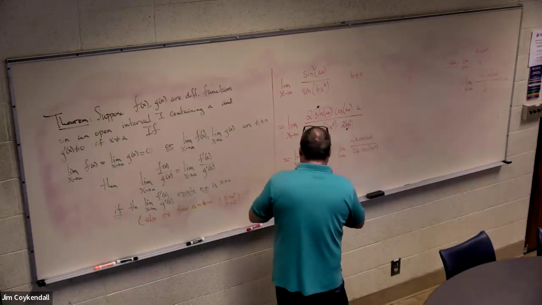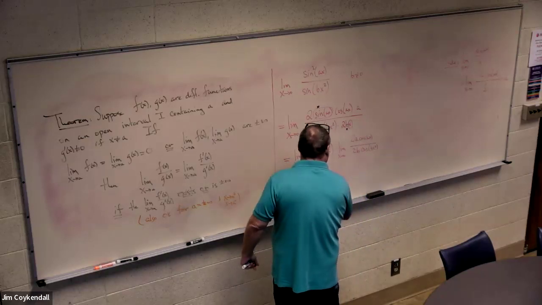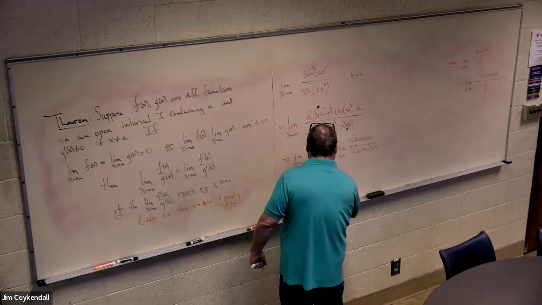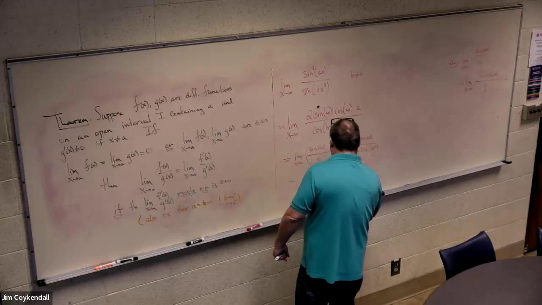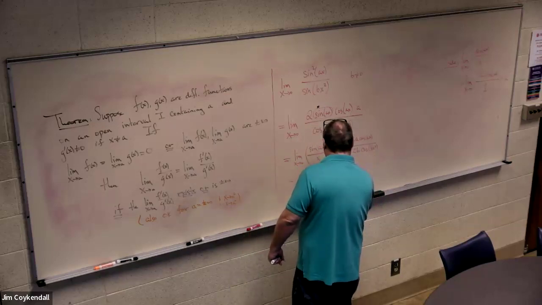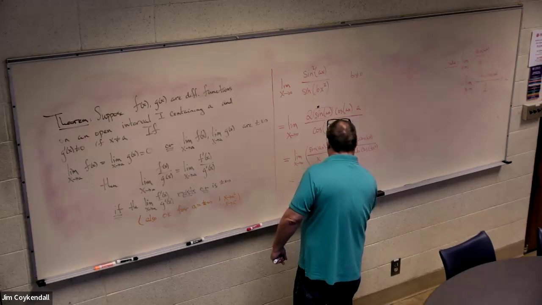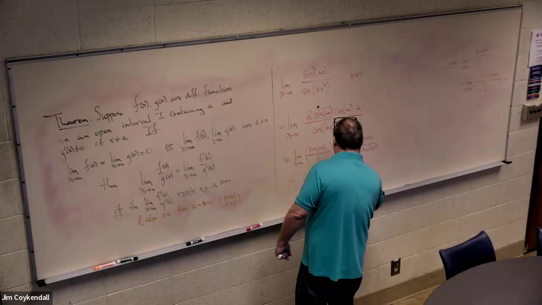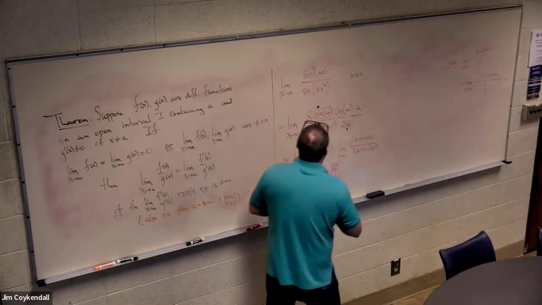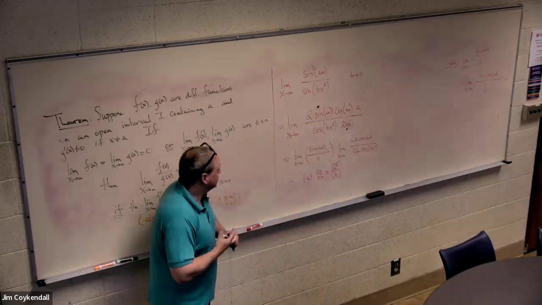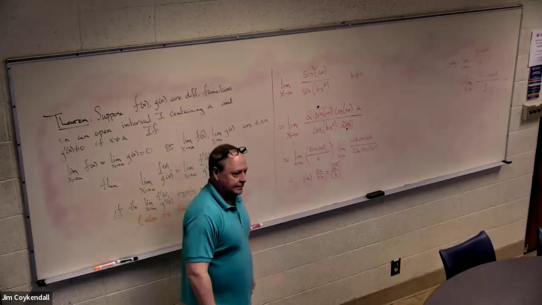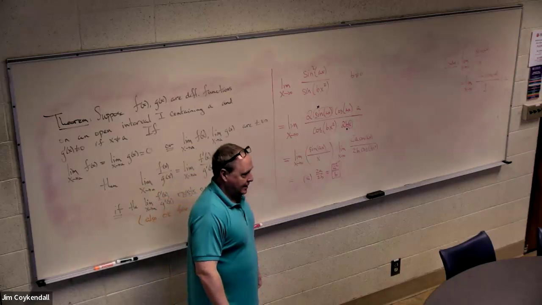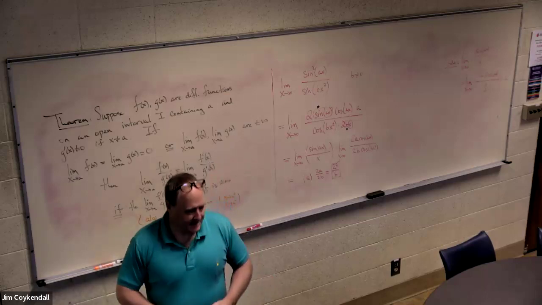This thing we found out is A, and this thing I can just plug in, and this is 2A over 2B. So I get A squared.